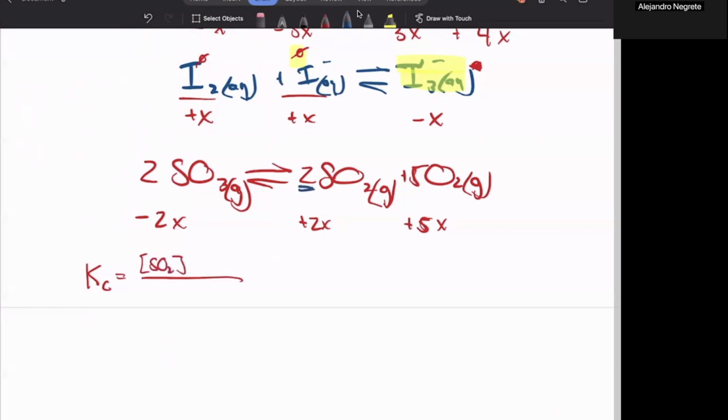I'm going to underline it in blue, and then write it in blue over here. Times the concentration of O2. I'm going to underline this in blue and write it over here. And that's going to make our reactant, this concentration, SO3.